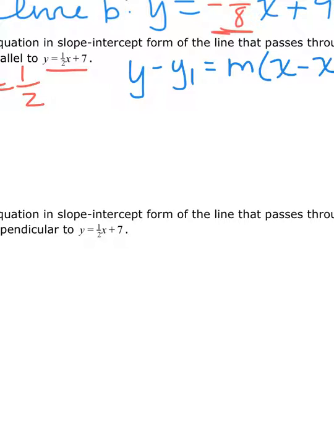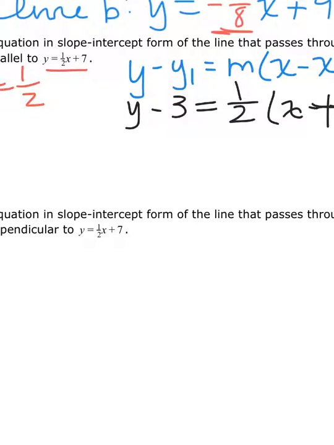So I have y minus, what's y1? 3, beautiful, equals, what's my m? 1/2 times x minus, what's x1? -4. Oh, so it's going to be +4. Very nice. Very good.